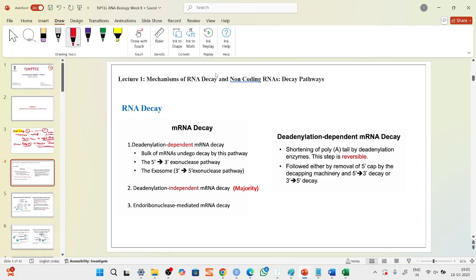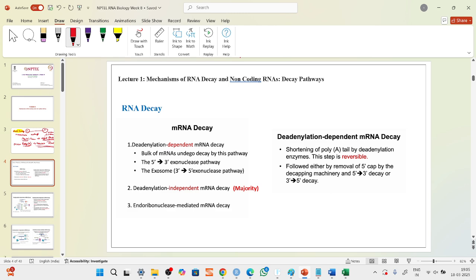So now we'll be talking about the RNA decay pathways. We know that RNA decay happens, and gradually the RNA gets completely decayed. There are different pathways taken for the decay of the RNA.